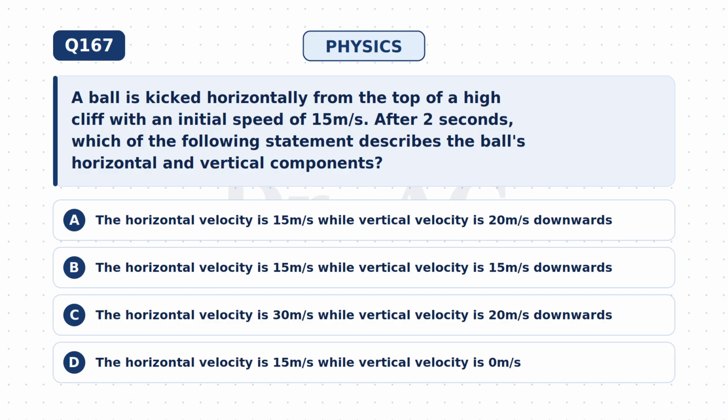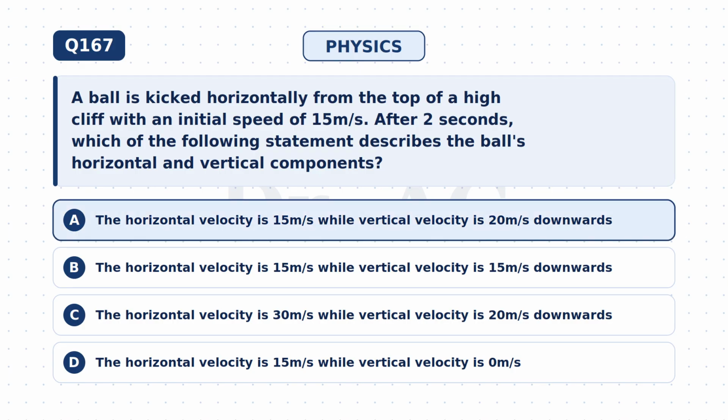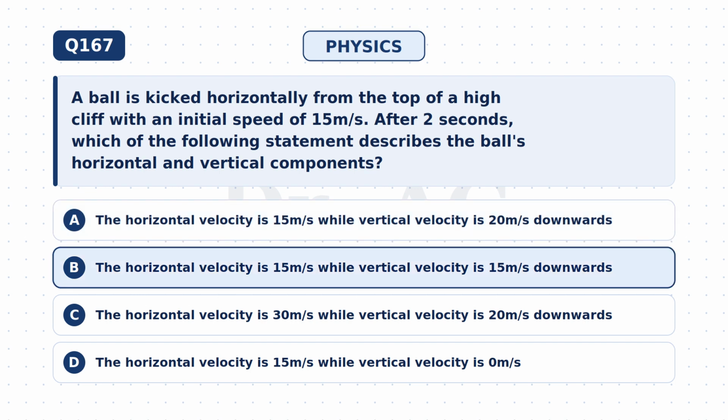Question 167. A ball is kicked horizontally from the top of a high cliff with an initial speed of 15 meters per second. After 2 seconds, which of the following statement describes the ball's horizontal and vertical components? Option A, the horizontal velocity is 15 meters per second while vertical velocity is 20 meters per second downwards. Option B, the horizontal velocity is 15 meters per second while vertical velocity is 15 meters per second downwards.